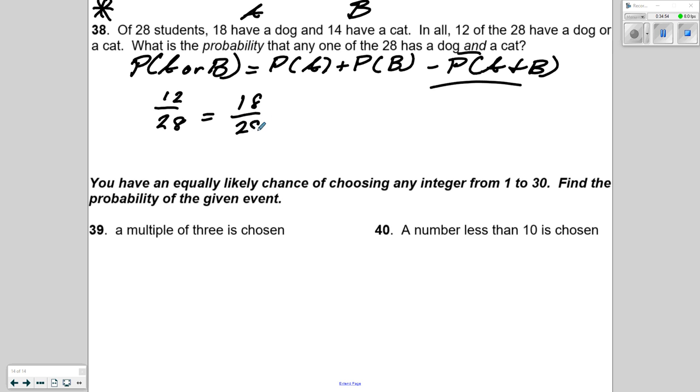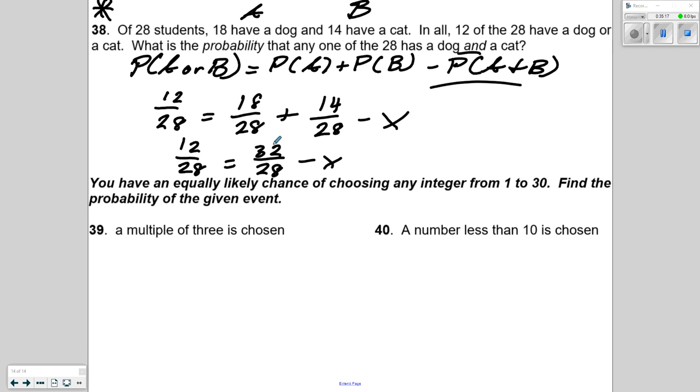So that's 18 out of 28. 14 out of 28. Let's combine these fractions. We get 32 out of 28, which is one reason, perhaps, why it doesn't make sense in the context of the problem.